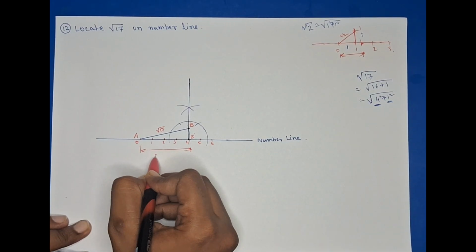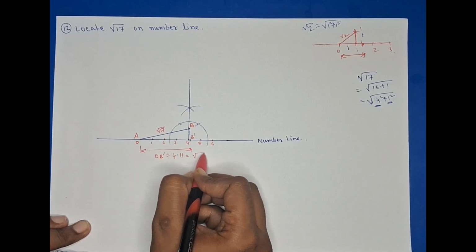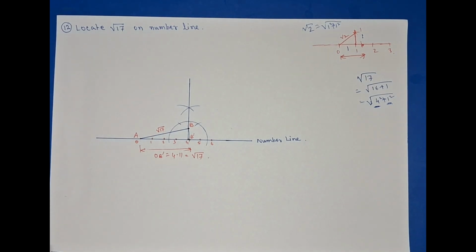This OB dash comes to 4.11, that is equal to square root of 17. And you also check in your calculator what it shows, whether it is 4.11 or not. If it comes to 4.11, that means we have done it correctly. Okay, right? You have understood it.